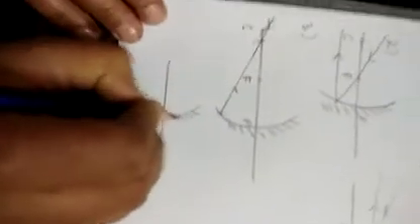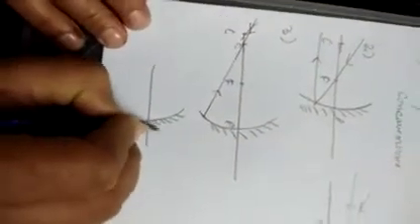And the fourth rule is when a light ray strikes the pole. This is the pole.